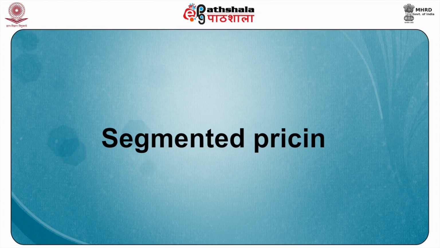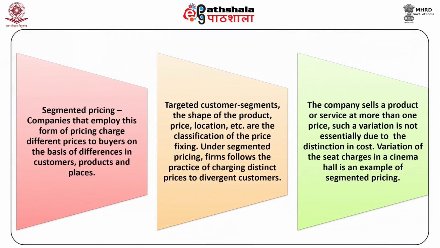Segmented pricing. Companies that employ this form of pricing charge different prices to buyers on the basis of differences in the customers, products and places. Targeted customer segments are identified, and the shape of the product, the price, the location, etc. are varied accordingly.